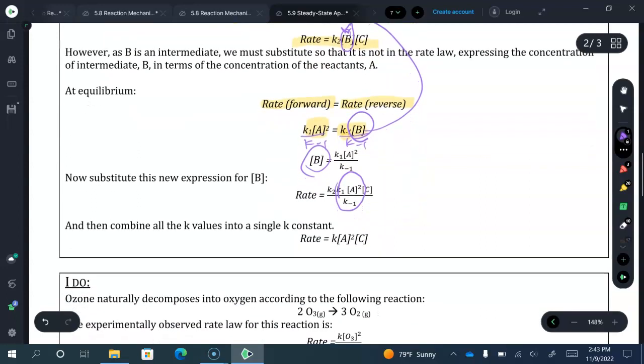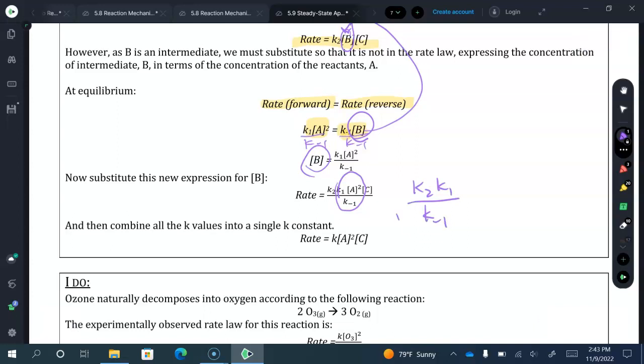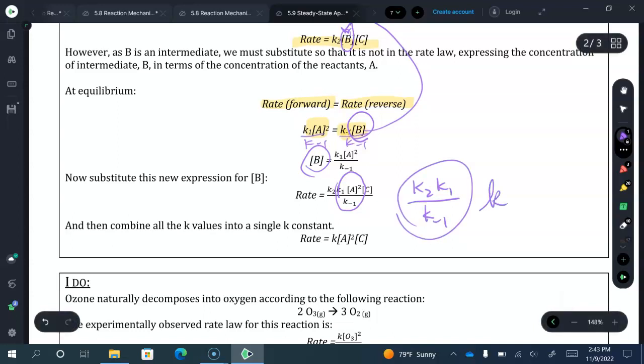The great news is that we can now switch this k to k1 over k negative 1. These are all rate constants. We can just say that that is k, the overall k. It doesn't matter that it's from separate reactions. It ends up working out when we look at the initial concentrations and initial rate when we calculate k, so that is based off of experimental values.